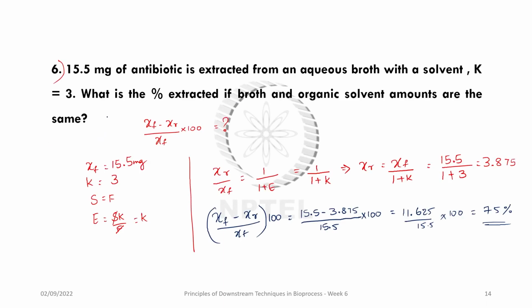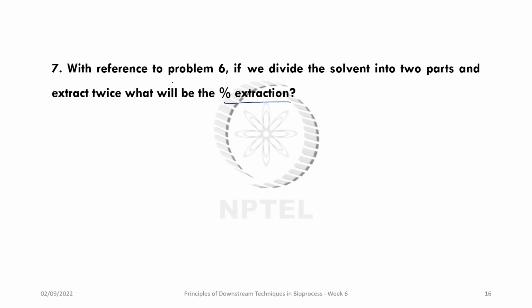See, this question 6 is that you're having an equal amount, the same, correct? Equal amounts of broth and solvent are used. Here, with reference to problem 6, if we divide the solvent into two parts, the solvent total amount is not changing, it's still the same. But they are dividing the solvent into two parts and extract twice.